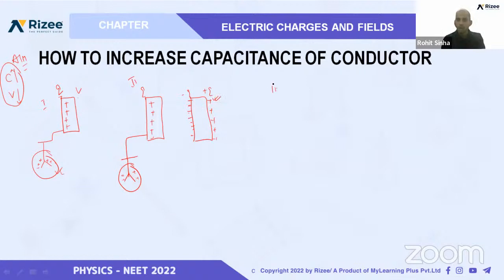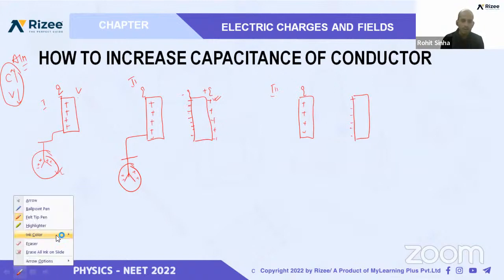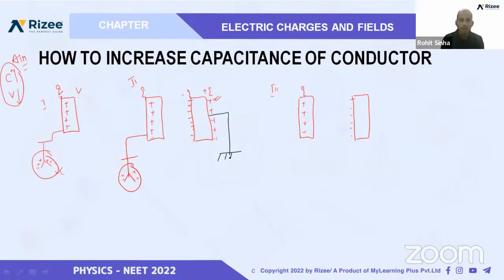In the third arrangement, the positive plate that was originally present is here only, and the other plate which we have put here is negative. If this charge is removed, then only negative will remain here, the deflection will decrease, and it will have maximum capacitance.